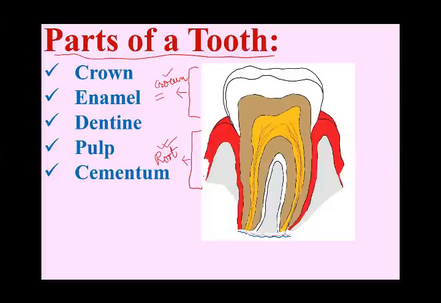Now the next part is enamel. The crown, which is white in color, is covered with enamel. Enamel is a hard and white substance which covers the crown part.